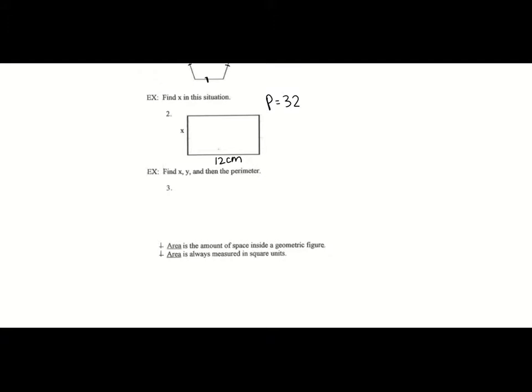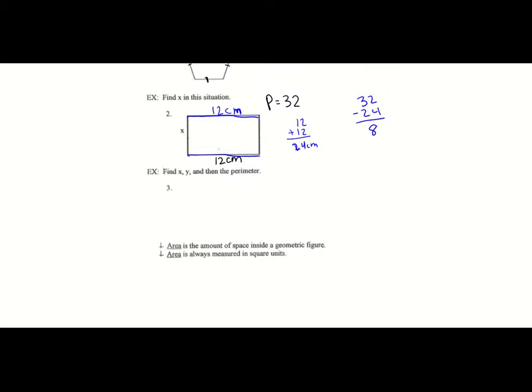If we know that this length of our rectangle is 12, then the top is 12 as well. When we add up those two sides, 12 plus 12 gives us 24 centimeters. So that is the perimeter of these two sides. When we take that away from 32, our total perimeter, we have 8 left.